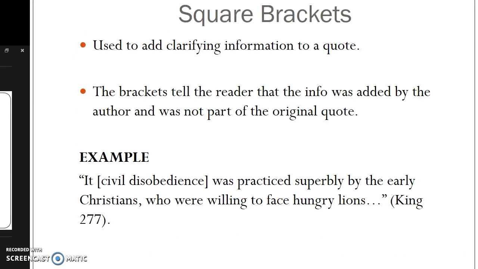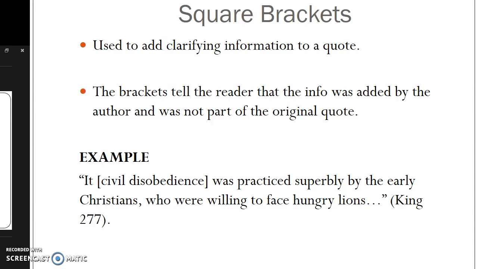The next piece of punctuation that you want to be aware of is what's called square brackets. And you can see what I mean by that in the example. The words civil disobedience are within the square brackets. And you use square brackets inside a quote to add information that your reader might need to know in order to understand the quote. So if I were using this quote below, the original quote is, "It was practiced superbly by the early Christians who were willing to face hungry lions."